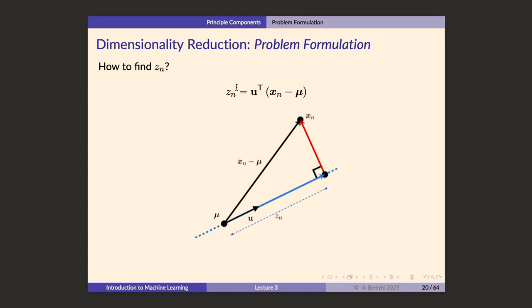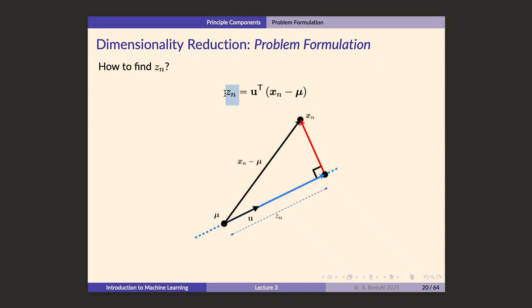So your Zn, once u and mu are specified: you just get any data point, subtract the bias, compute the inner product with u, and then you're going to get your Zn. Everybody's clear? Any questions?